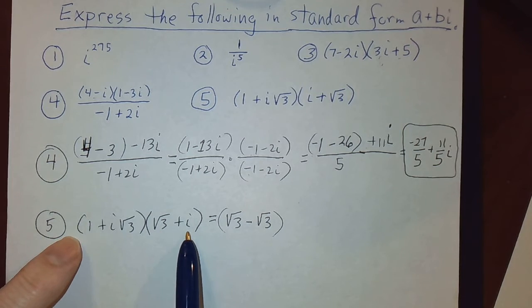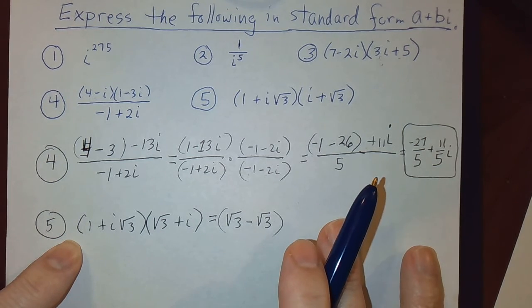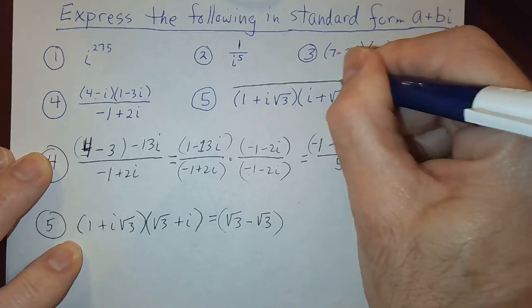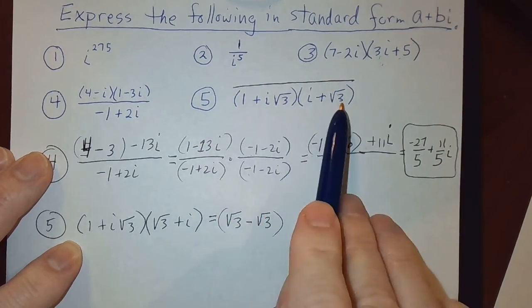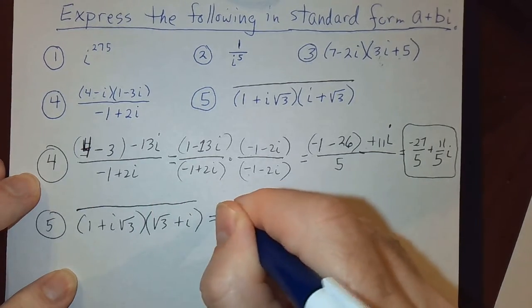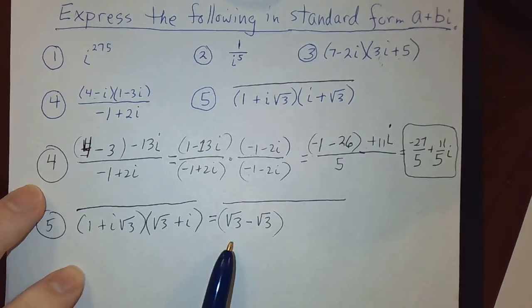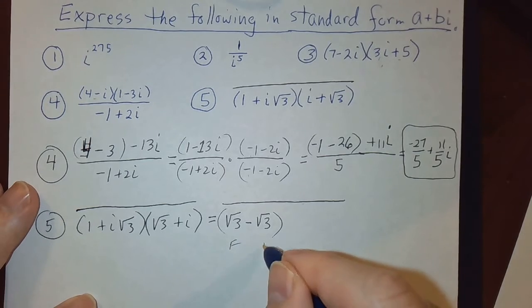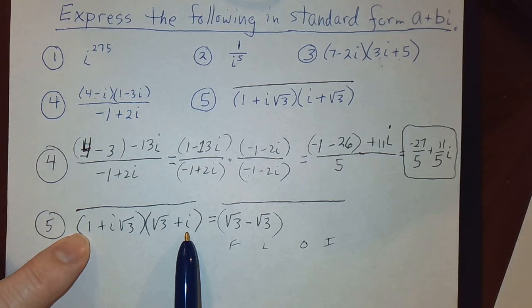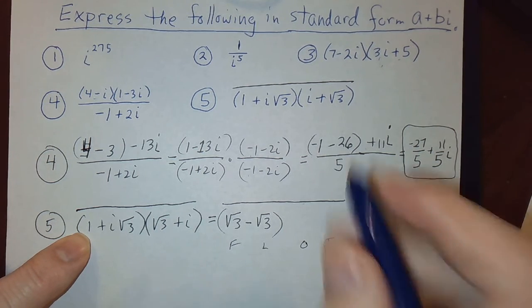Actually, there's one change. I wrote this problem incorrectly. That's supposed to be a complement over the whole thing. I'll worry about the complement at the end. Okay, so this is the F, the L. Now I've got to do the O and the I. Outer is i.